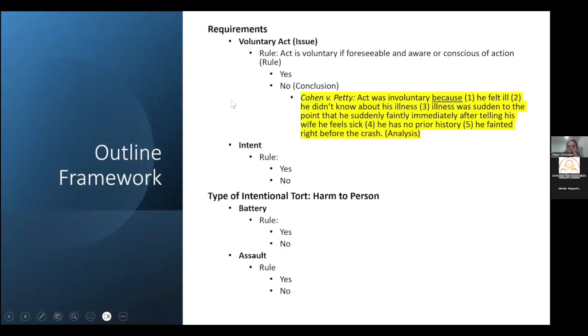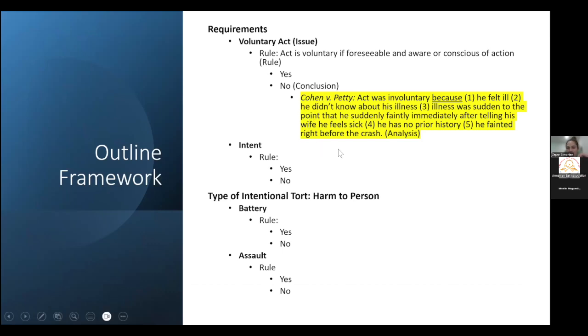And then when I open up my outline, it's the same thing that you're doing in a brief as well. Right after the issue, you need the rule. But after the rule, you need the analysis. The cases that you are reading fall under this category.